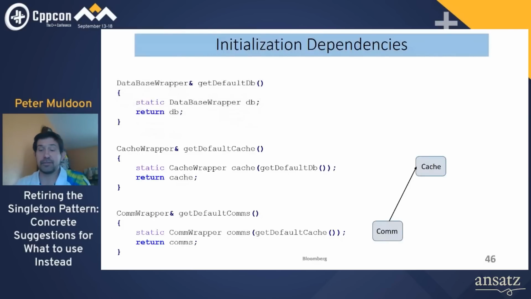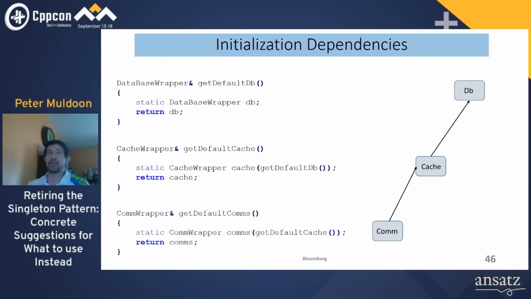The database wrapper has no dependencies, so it creates the wrapper. That rolls down to the cache. The cache now has a fully created default DB, so the cache gets initialized. Then we drop back into the comm wrapper, which now has a fully initialized default cache.